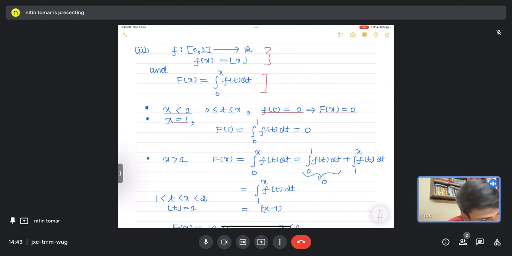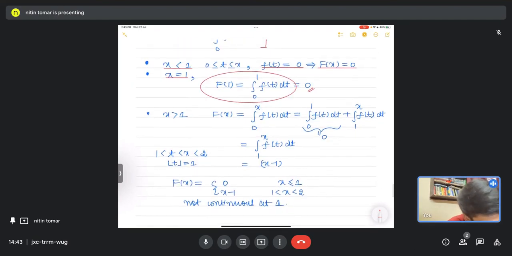At x equal to 1, F of 1 by definition will be equal to the integral from 0 to 1 of the greatest integer function. Again, this is the same thing that we have discussed before. This greatest integer function between 0 and 1 has value 0 except at the point t equal to 1, whereas everywhere else it is 0. And Riemann integration does not change by changing the function value at finitely many points. So it is 0 because f is 0 except at one point.